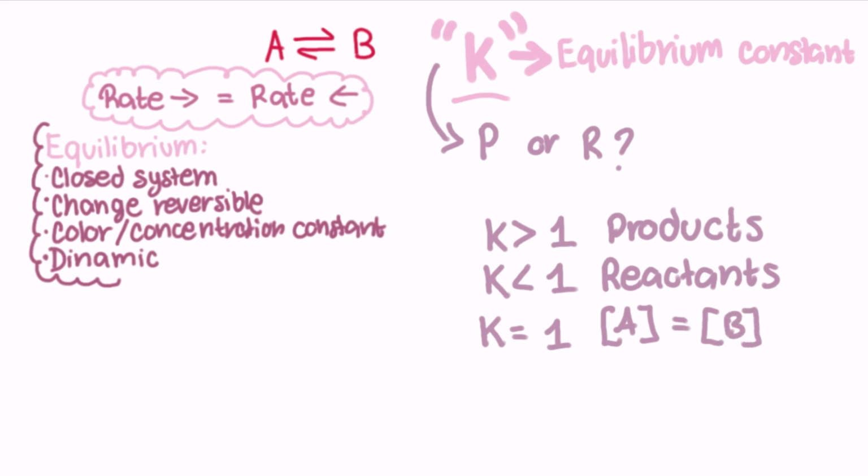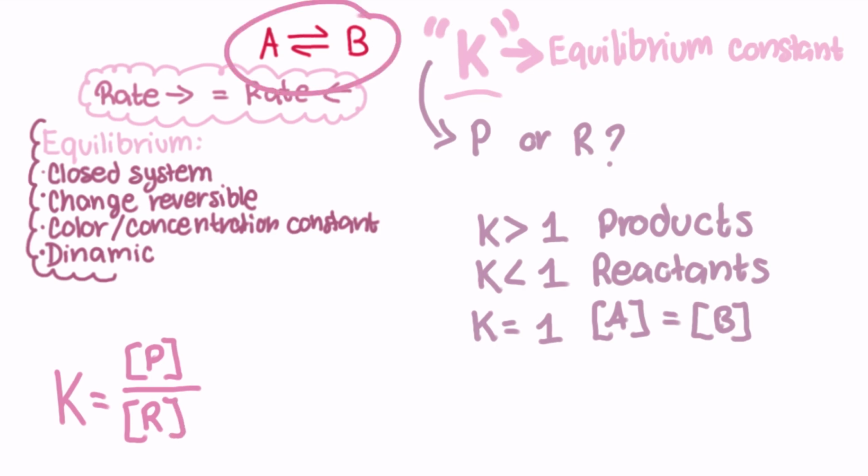Okay, now how do we get K based on this equation? Well, K will always be your concentration of products over your concentration of reactants. It will be K equals concentration of B over concentration of A. Pretty simple.